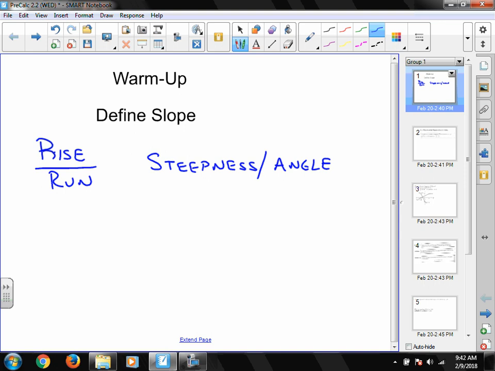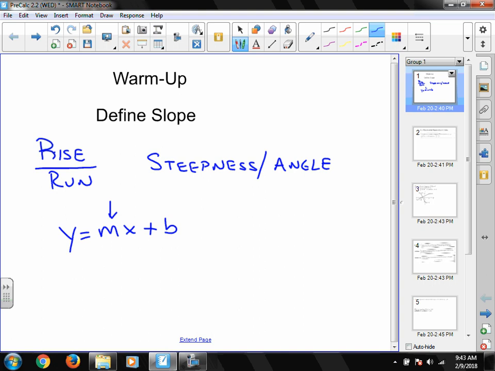So maybe it goes up really quick, or it falls really slow. Either one, you're talking about that slope. A lot of people go to the equation y equals mx plus b because that m still stands for your slope.